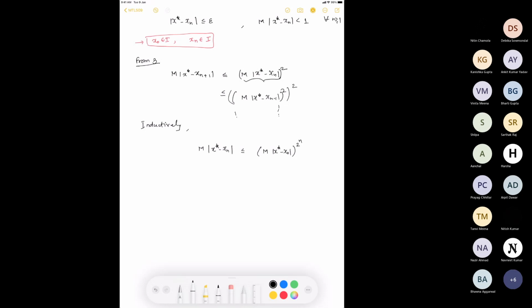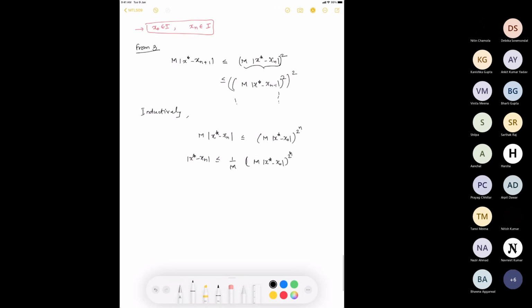Okay, so what have we got? This is less than or equal to 1 by m times |x star minus x naught| raised to power 2 to the power n. And what do we know about this quantity? We know that m times |x star minus x naught| is strictly less than 1. Right? So does this conclude the result?